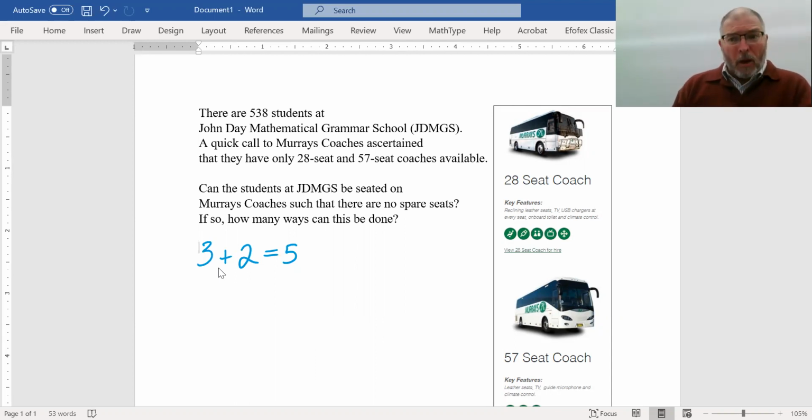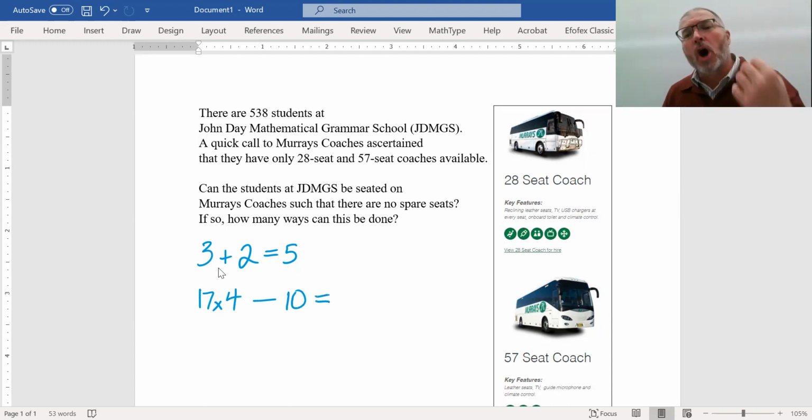If I multiply some positive whole number, like 17 times 4, and say I subtract off some other integer, maybe 10, what type of number must I get?